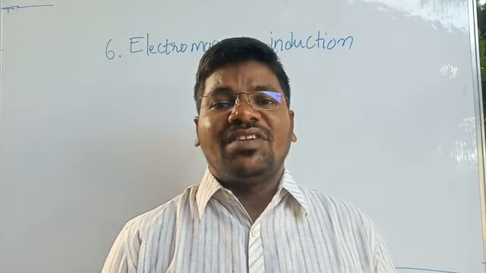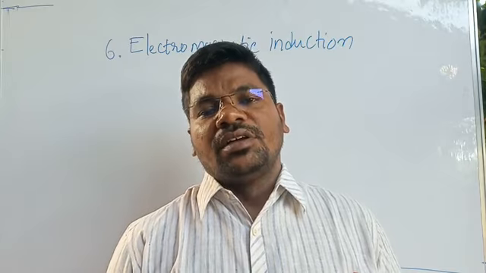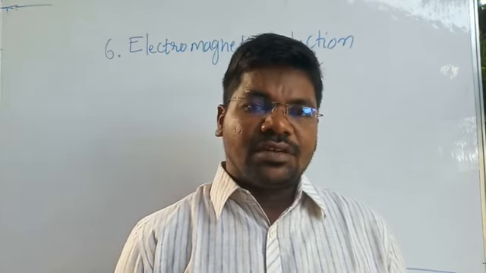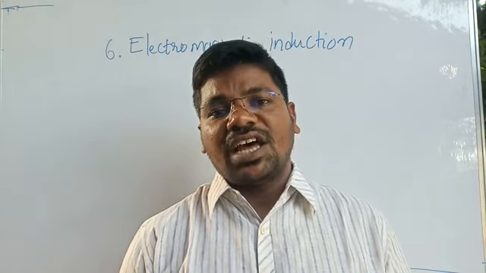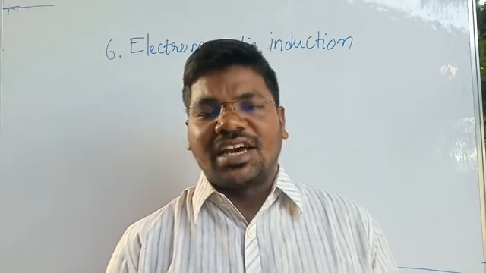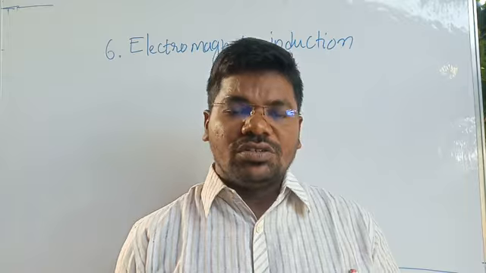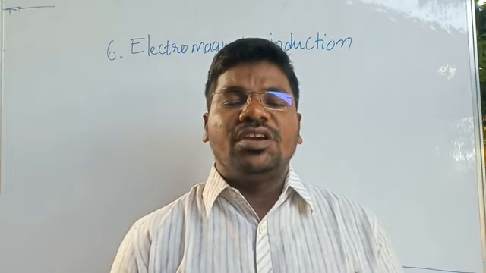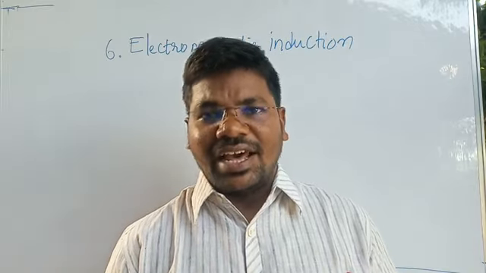In this chapter, we study the reverse phenomenon of a current carrying conductor producing a magnetic field. Reverse phenomenon means that from magnetism we can produce electric current or electricity.